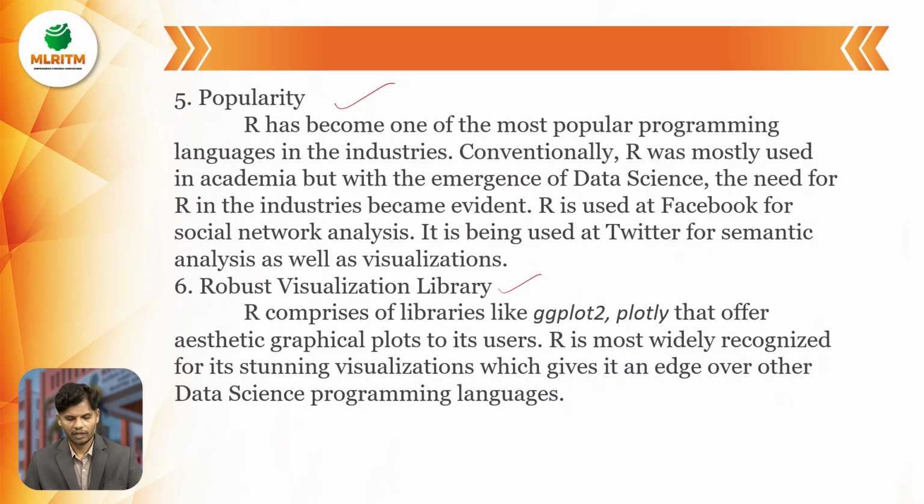R has become one of the most popular programming languages in industry. It creates opportunities in many industries like data science, data analysis, business analysis, and research science. That is one of the reasons for its popularity in many industries.